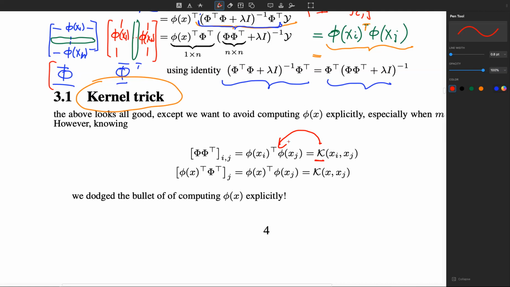Which means that who cares what phi is? We just know one exists. But we can choose a k instead of choosing a phi, because that is a lot simpler. Is that okay?